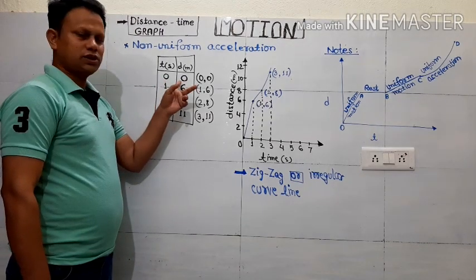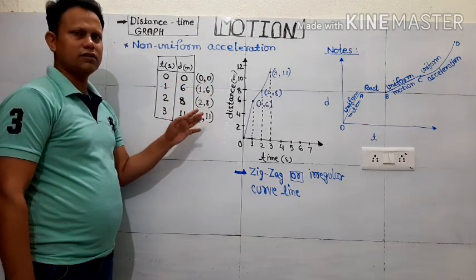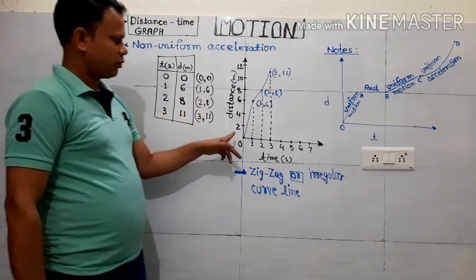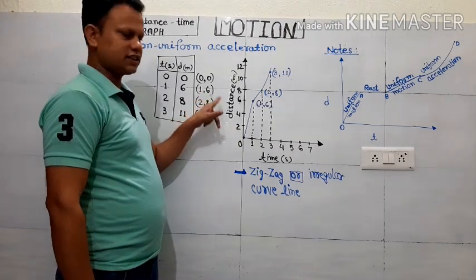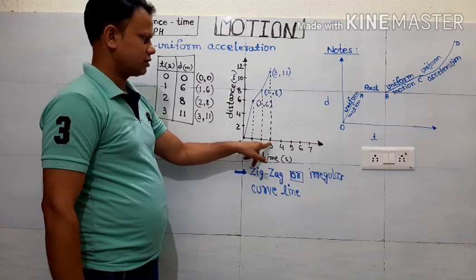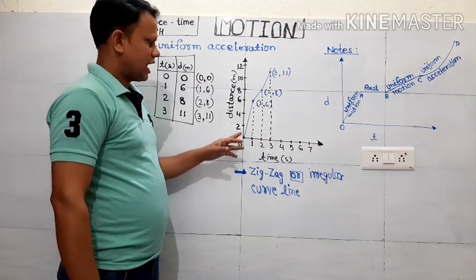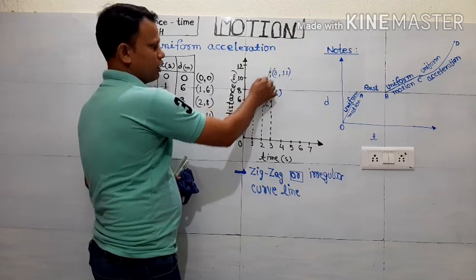So when we take points like this, like 0 0, 1 6, 2 8, 3 11, and plot them here, it's 0 0, this is 1 second 6 meter, 2 second 8 meter, 3 second 11 meter. And when we join these points, you can see here there is an irregular curve.